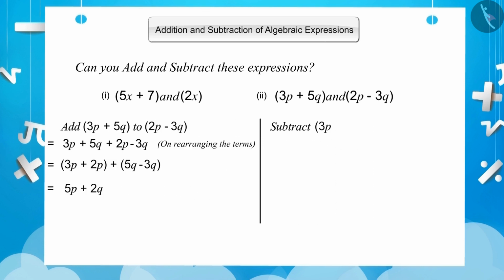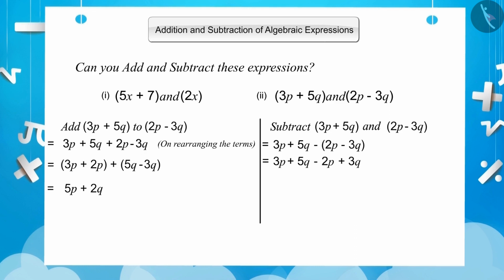Subtraction of 3p + 5q and 2p - 3q: 3p + 5q - (2p - 3q). Here, we will bring the terms out of the brackets. As we know, in subtraction, while eliminating the brackets, the sign of those terms inside the bracket changes. 3p + 5q - 2p + 3q.